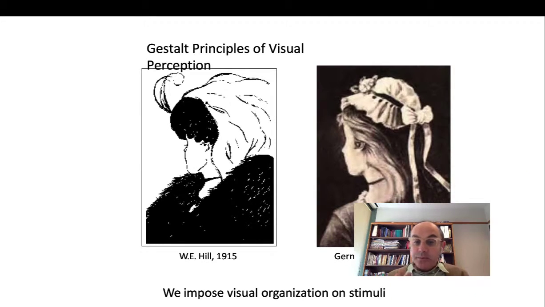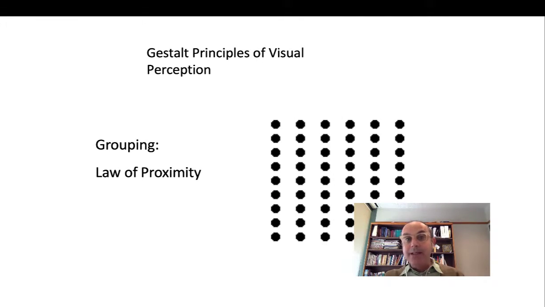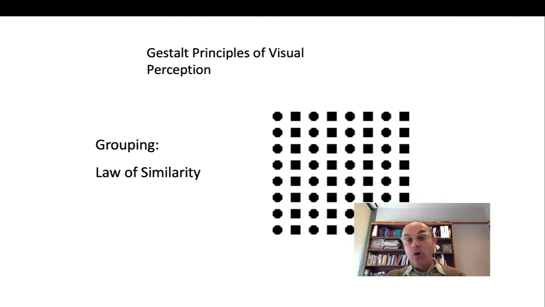And again, the movement talked about visual organization in order for us to improve our perception of the image itself and what we see behind it. Grouping, goodness of the figures, and the figure-ground relationship help us to make the ideas more clear and more concise.